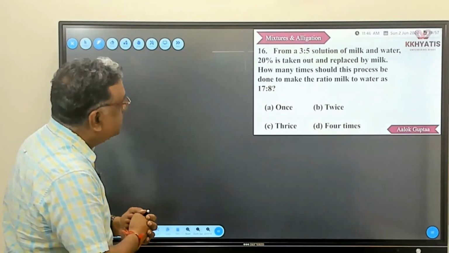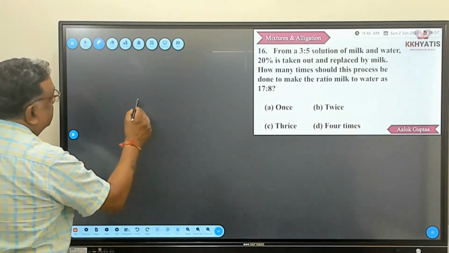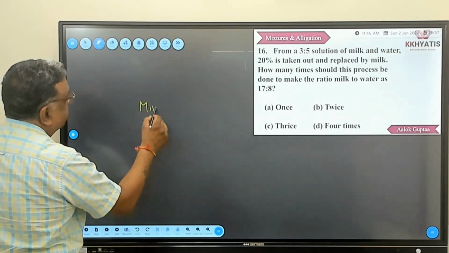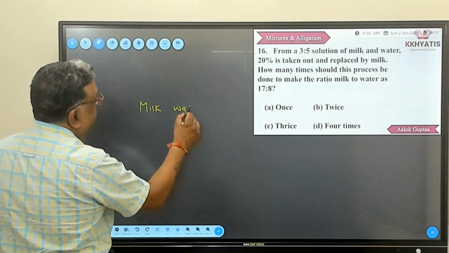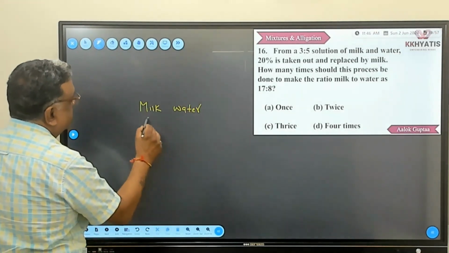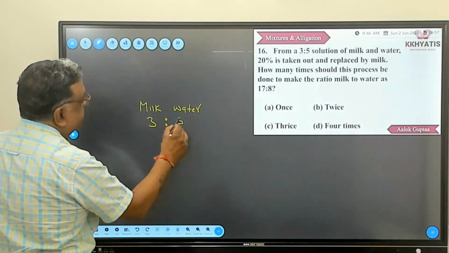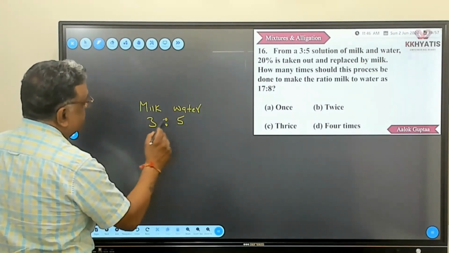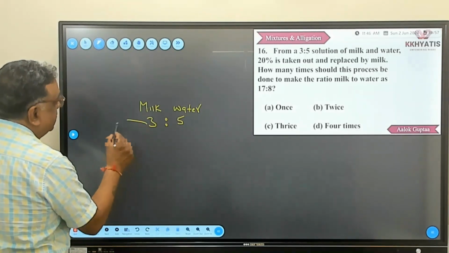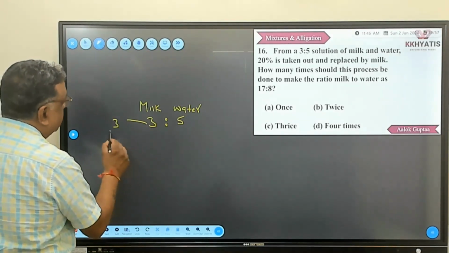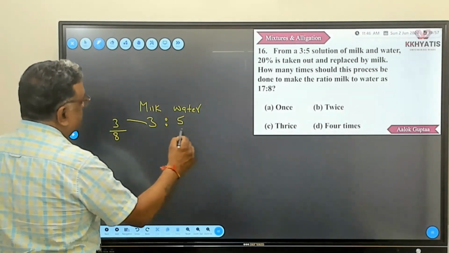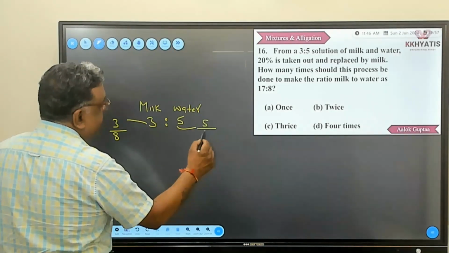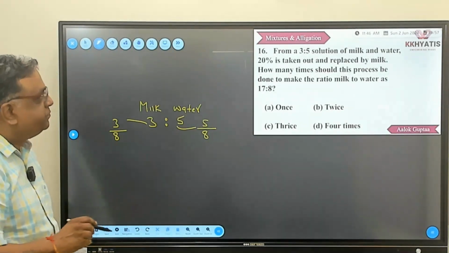So there is milk and water, three is to 5, which means the quantity of milk would be 3 out of 8 and the quantity of water would be 5 out of 8. Correct?